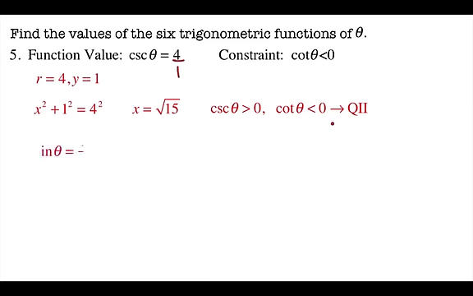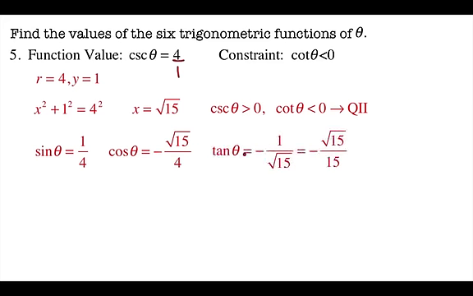So from here, I know the sine of theta is equal to 1 over 4. And notice that this is positive, because sine is positive on the second quadrant. Cosine of theta is negative, because we know it's negative on the second quadrant, and it's radical 15 over 4, and again negative because in the second quadrant.